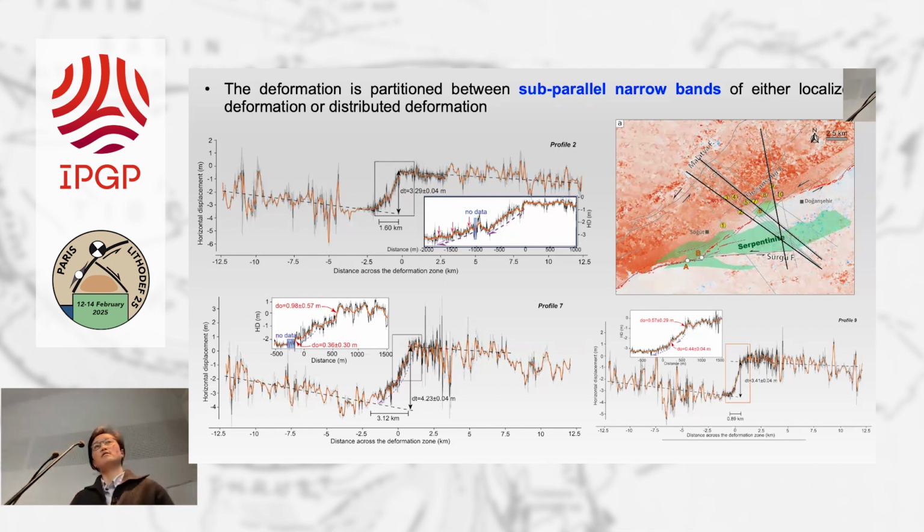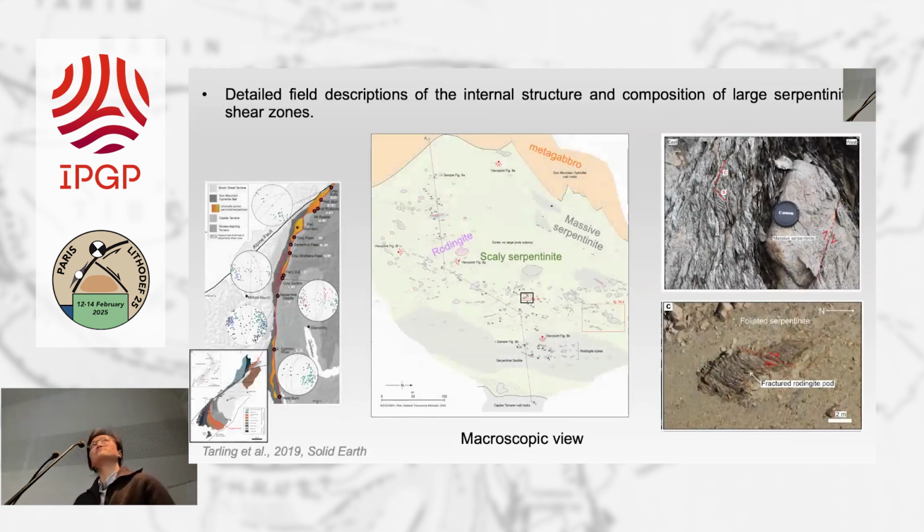So we then try to find explanations for this deformation pattern in serpentinite. I'm still using the serpentinite shear zone of the Livingstone fault as an example, because this is a very beautiful one.